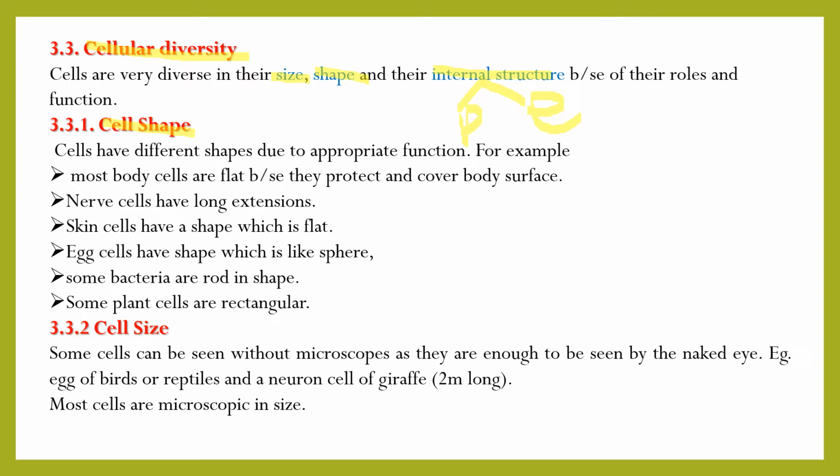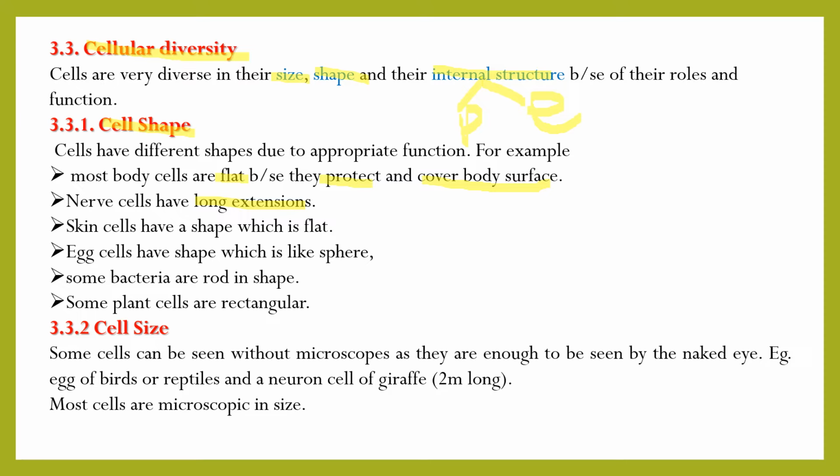Most of our body cells are flat, because they protect and cover the body surface. Nerve cells are long extensions because they extend from our foot to the head. This is for their specific function.